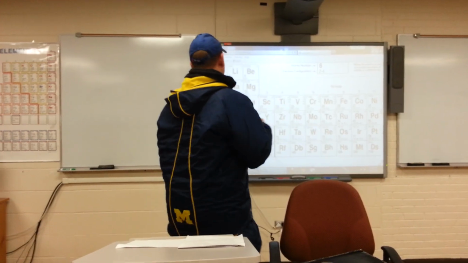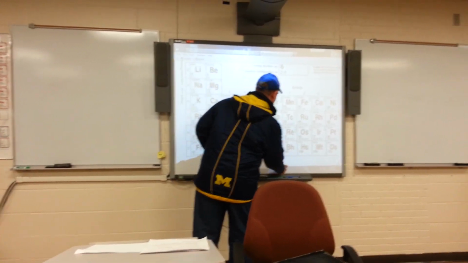Okay, I'm not worried about gaseous atom in the ground state. I'm more worried about energy required to remove the most loosely held electron. Okay? And the first ionization energy values are located on Table S.